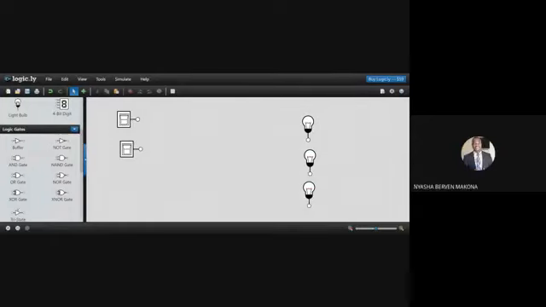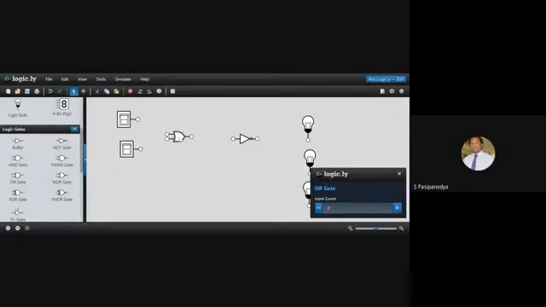Okay, a NOR gate is just a combination of a NOT gate and the OR gate. Right. It's a combination of the NOT gate and the OR gate.